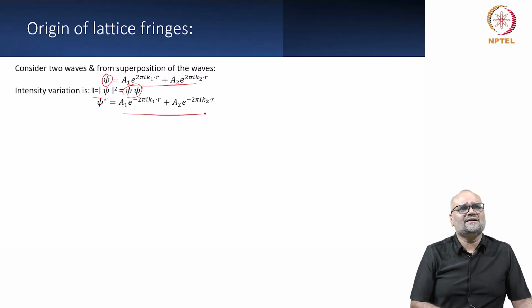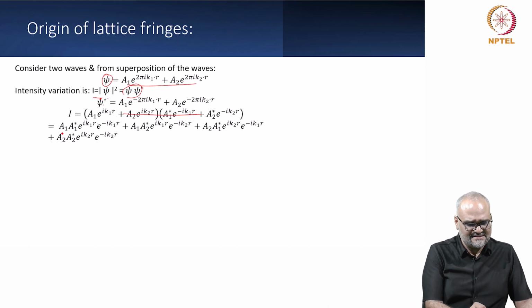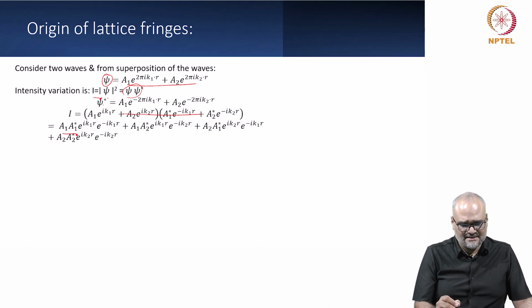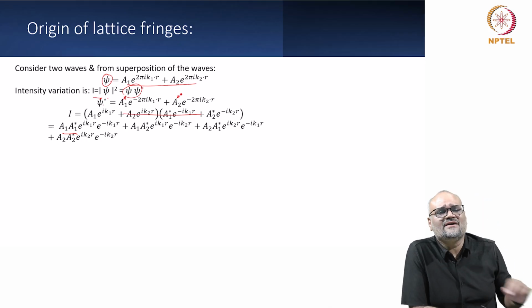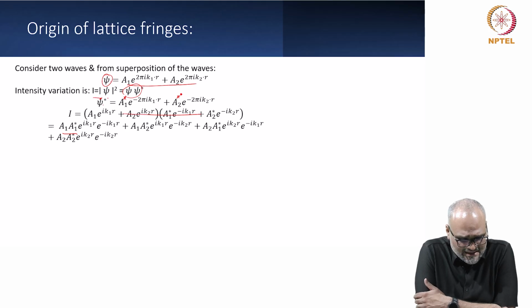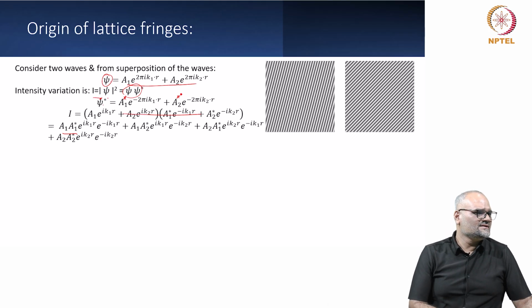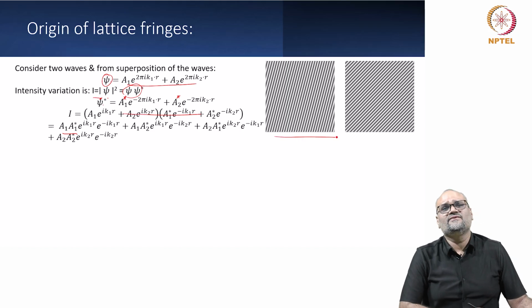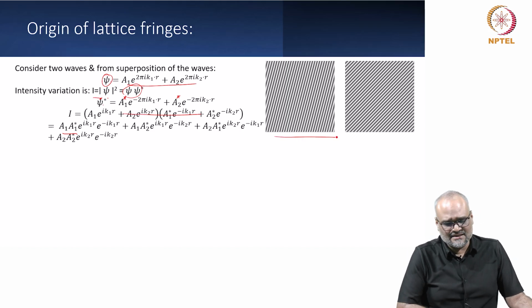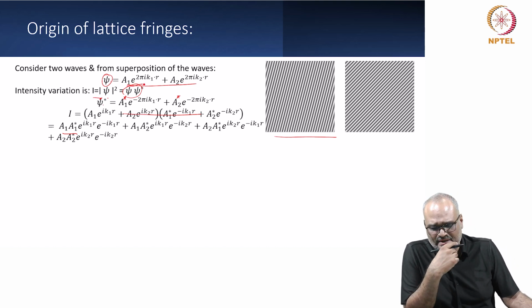Now if I do an expansion of the product of these two together, it actually becomes like this: A1 star. I actually forgot to add the star here when I was writing this equation, but you would get an expression of this sort of notation, and if I take the terms that are common and simplify this, I can consider, let us say, this sort of fringe pattern is produced by summation of A1 e power 2 pi i k1.